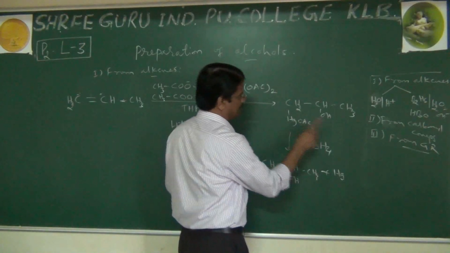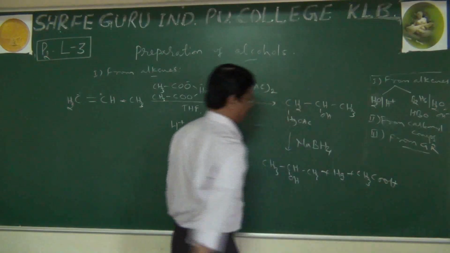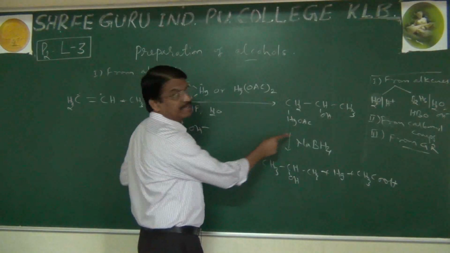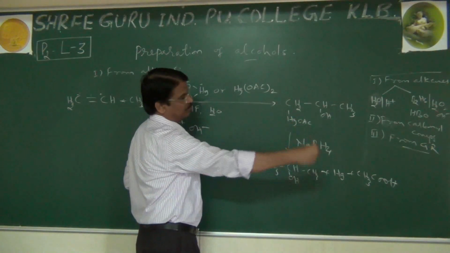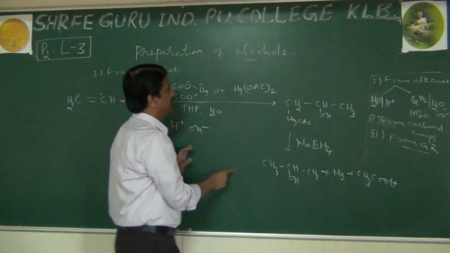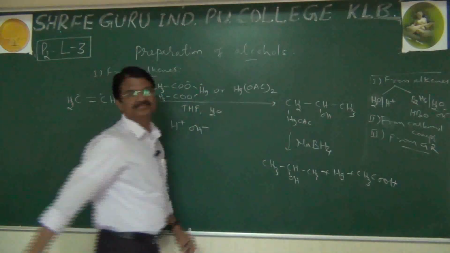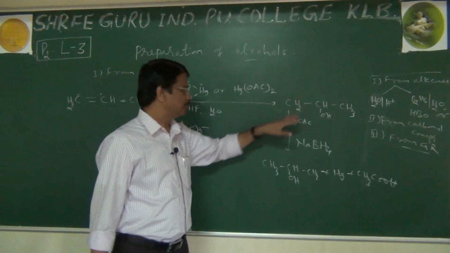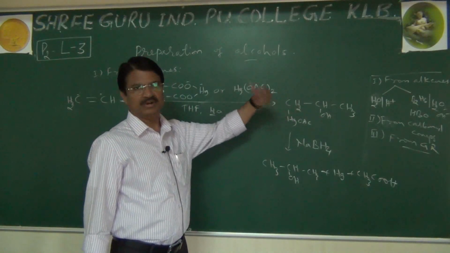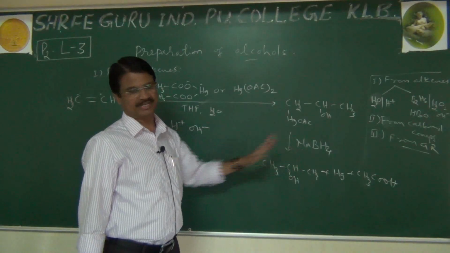Mercury comes out, and acetic acid. So the second step involves removal of mercury. This is called demercuration. The first step is oxymercuration: oxygen is added plus mercury, therefore it is called oxymercuration. The second step is demercuration by using sodium borohydride.